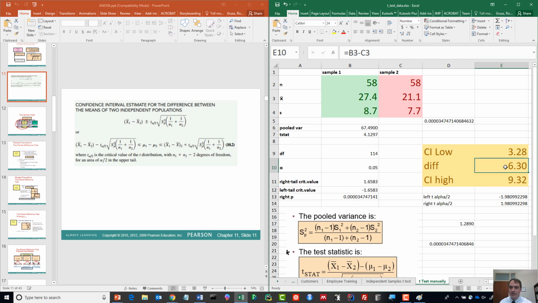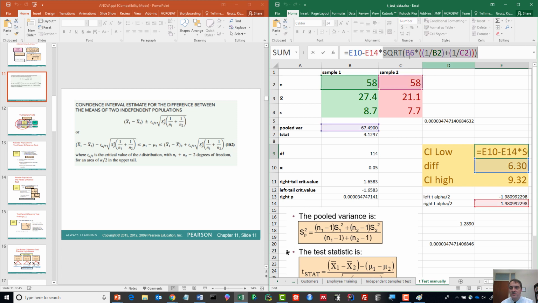Okay, so what I do here is I'm starting off with this value here, this is E10, and then I'm subtracting a certain quantity, and this quantity is going to be the t critical value times the square root of something involving the pooled variance and then this sum right here. Okay, and if you take a look at this, this part's straightforward. So this is the square root of the pooled variance plus this. So that part is just right here.